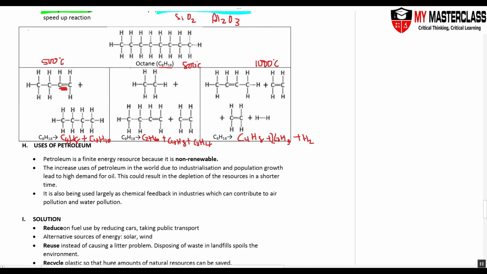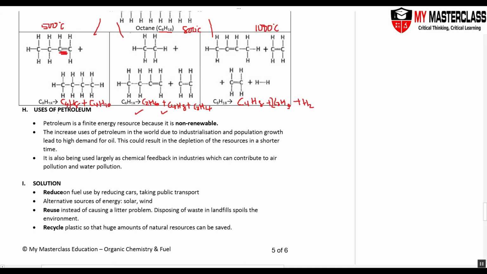The important point about these examples is, you have a long chain, you can break it down into alkane, alkene, and hydrogen. It doesn't matter what you break it down into. What is important is that the number of carbon atoms and hydrogen atoms at the end of it adds up together. So no atoms are lost in cracking. Okay, your equations will be correct as long as no atoms are lost.